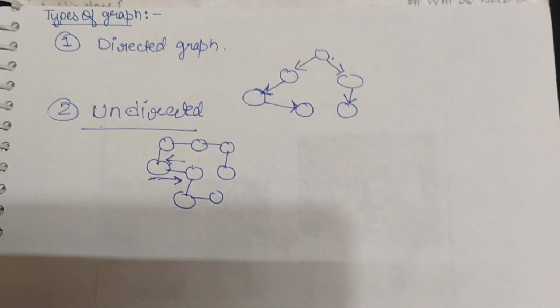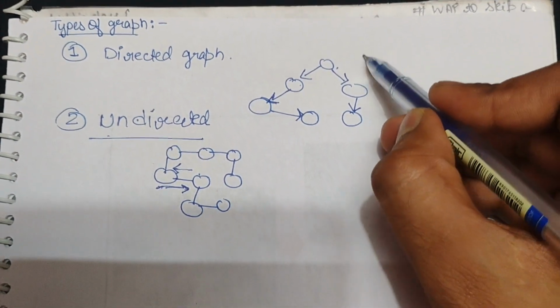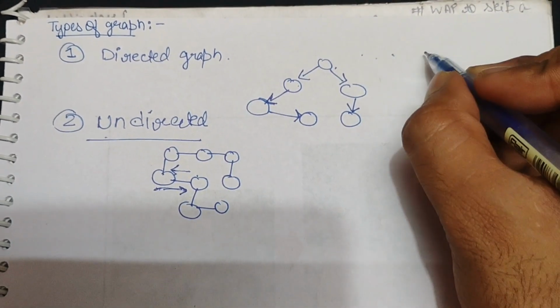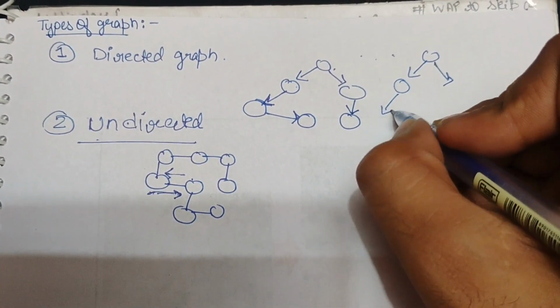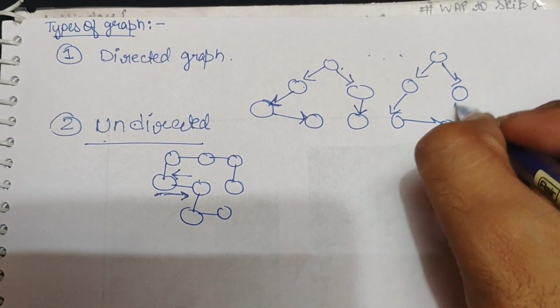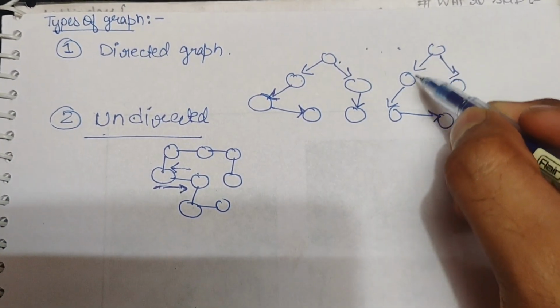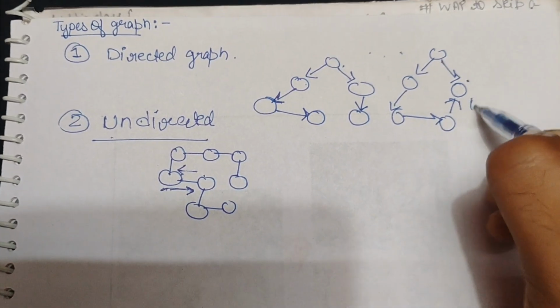Now, in the same way, we can have a directed cyclic graph. That is a graph having direction as well as a cycle, like this. It is forming a cycle and also having a direction.